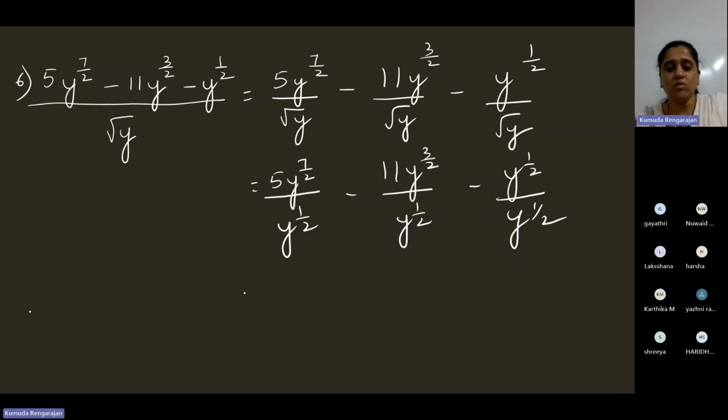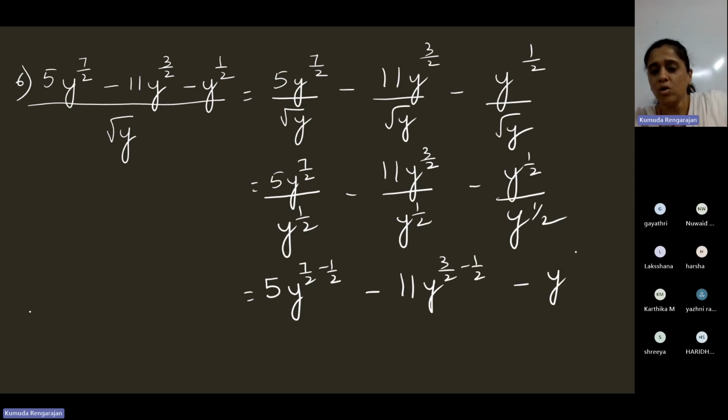All right. Now, by the law of exponents, subtract the powers. So 5y to the power 7 by 2 minus 1 by 2, minus 11y to the power 3 by 2 minus 1 by 2, minus y to the power 1 by 2 minus 1 by 2.